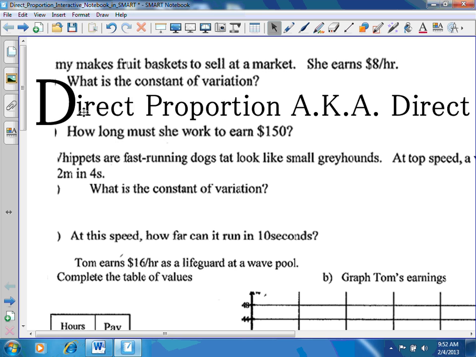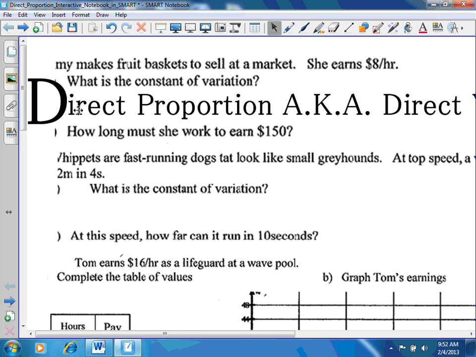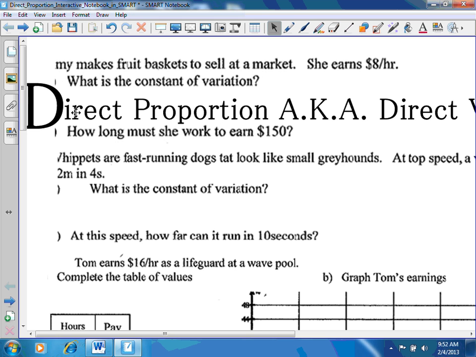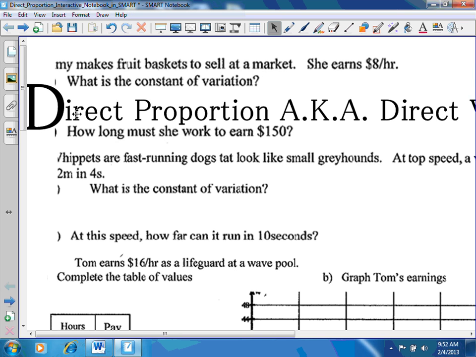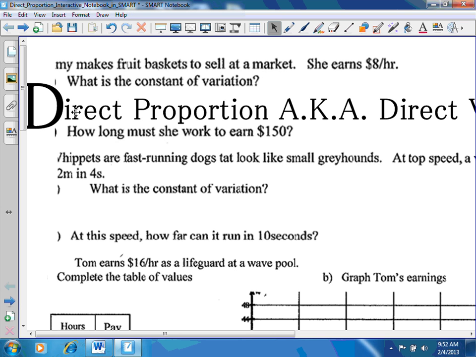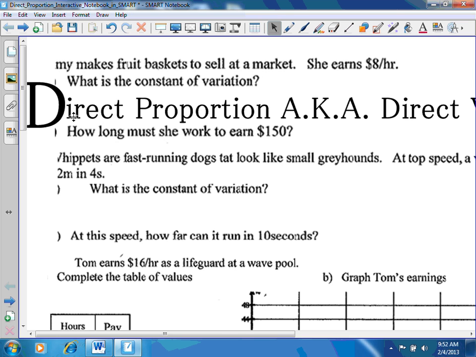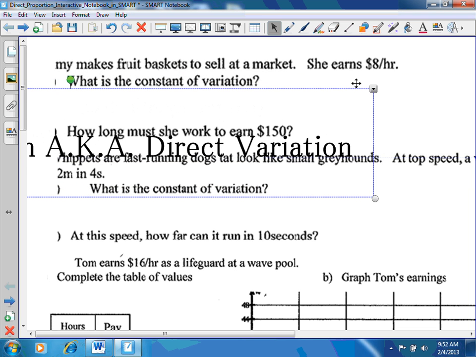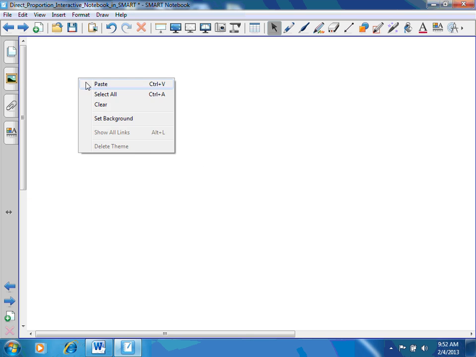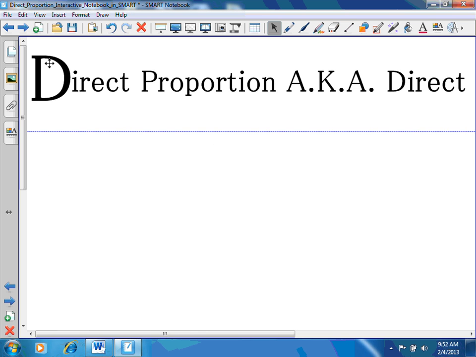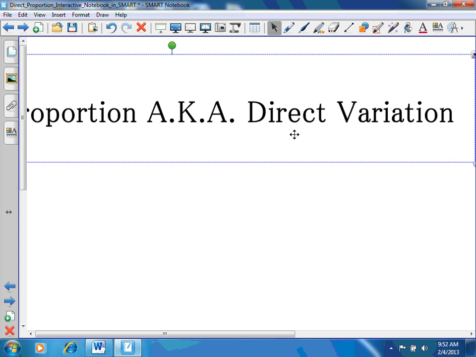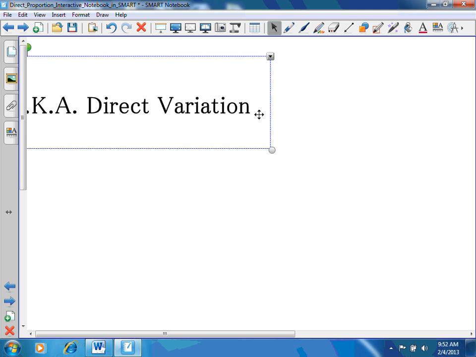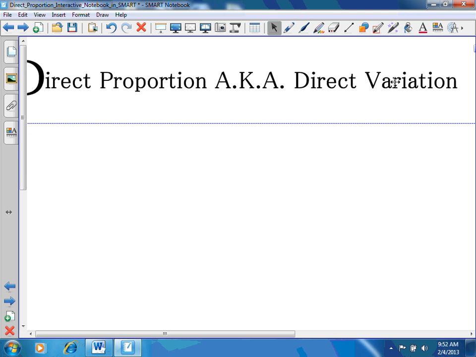Cut that out with a pair of scissors, and we're going to glue it to the very top of your white piece of paper.